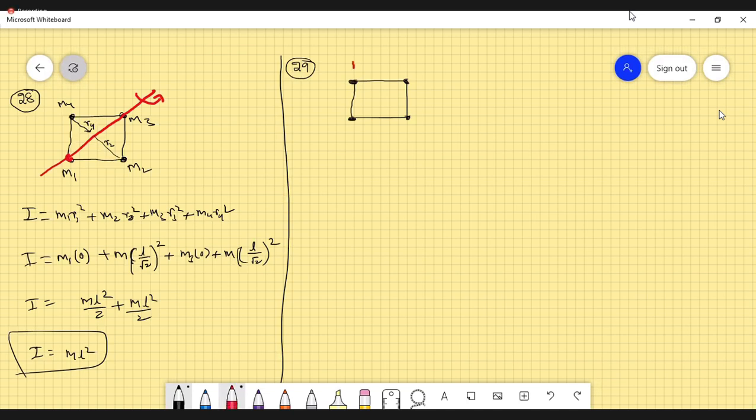Something like a door. The axis along the side of the square is fixed like a door, and the frame rotates with respect to that axis. Understood? Find out how much it comes. mL square plus mL square, 2mL square.